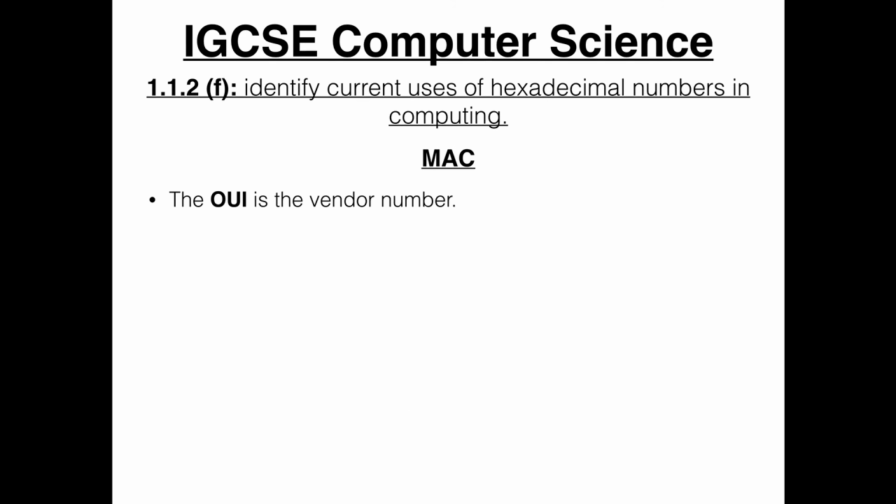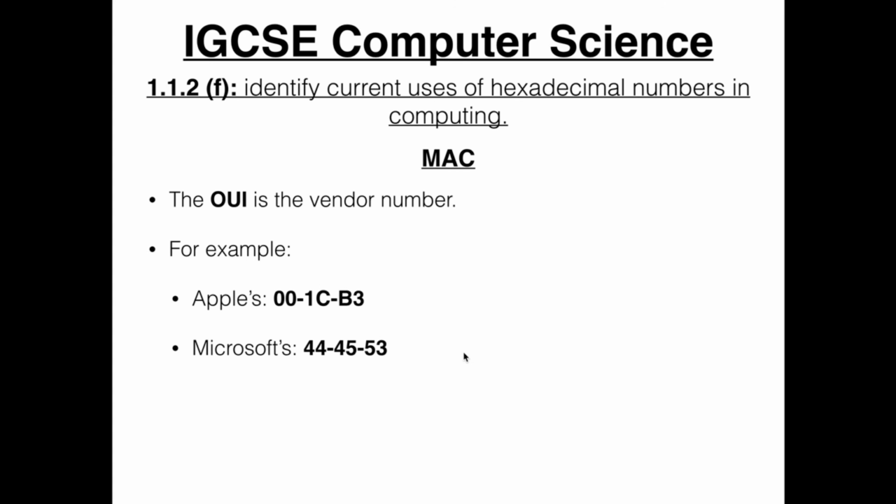So basically, the OUI is the vendor number. For example, Apple's vendor number is this, Microsoft's is this. So it's the company number. All of, say, Apple's devices, their MAC addresses will start with this.